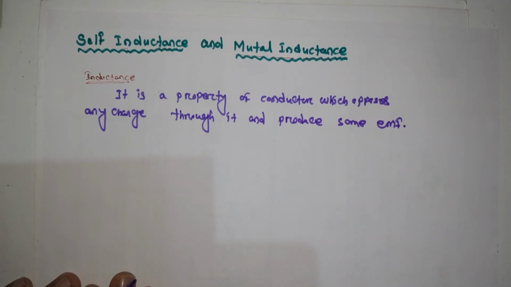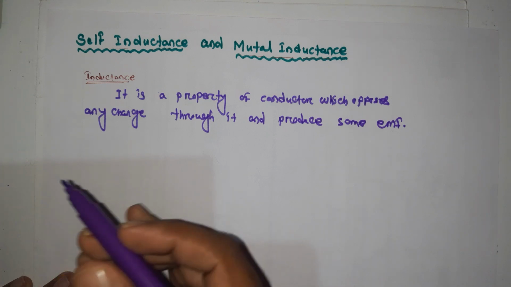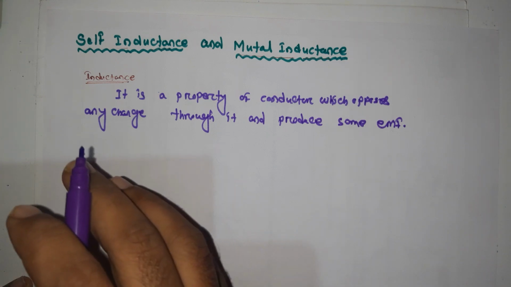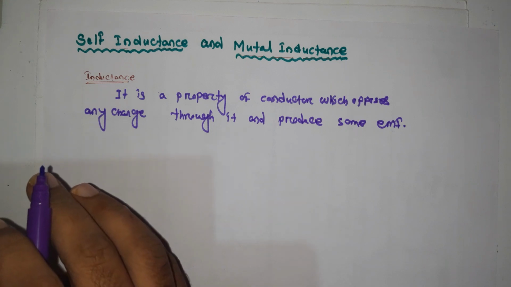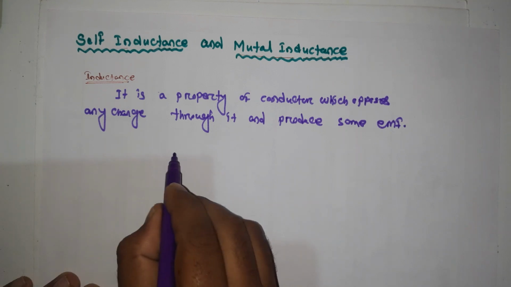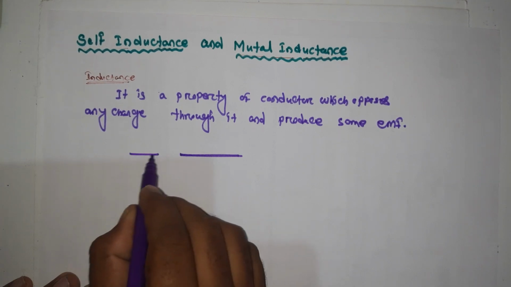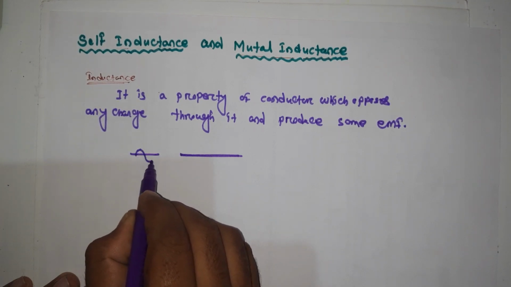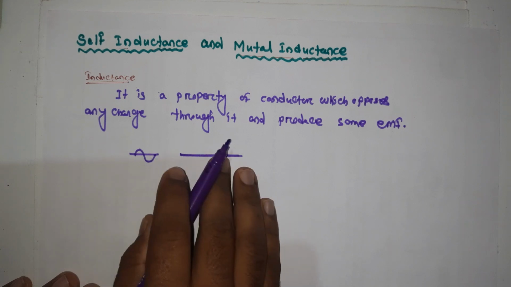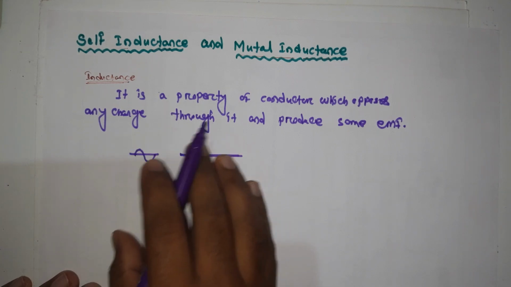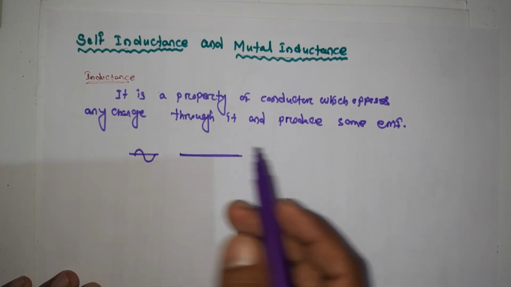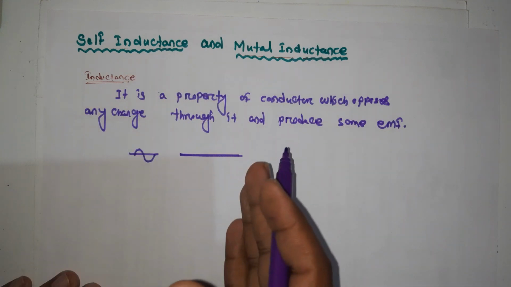Let's say inductance is the property of a conductor that will oppose any change. That means, let this be a conductor: when you apply a change in current, it will oppose and produce some e.m.f that will depend upon the inductance.